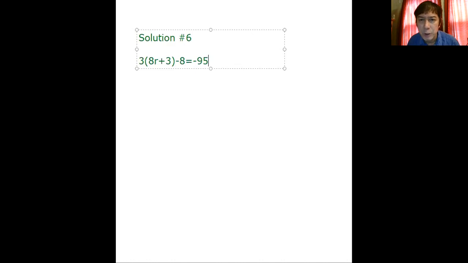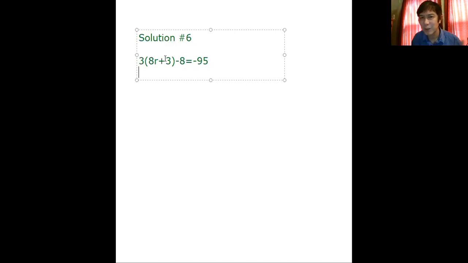All right, let's start by simplification. We can actually eliminate this 8 right away by way of addition. It's a negative 8, so we can apply plus 8, making it 0. Now, if we do that, we will have to do a plus 8 on the other side. Another way of doing that is expanding this to 24R and then a 9 here.